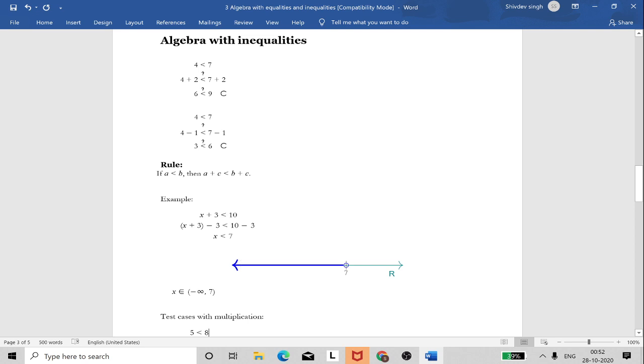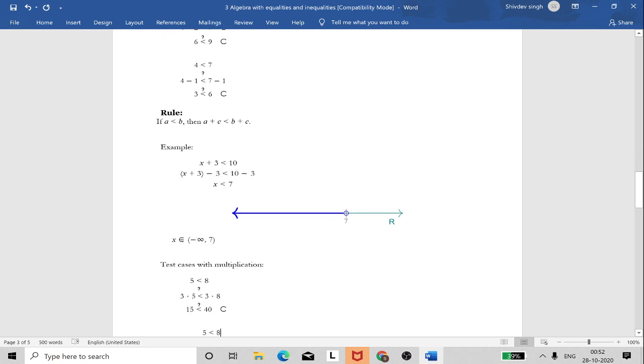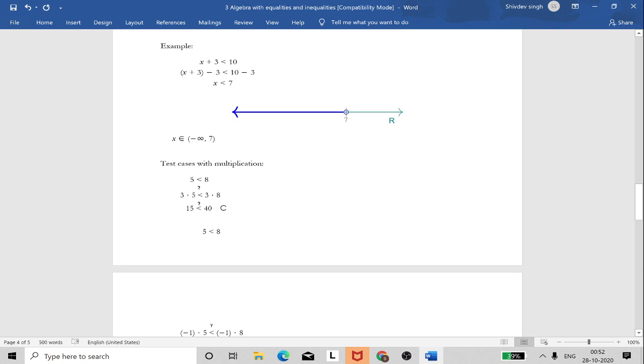So x belongs to minus infinity to 7, which is an open interval. 7 is not included in this case because here x is not equal to 7. x is less than 7, so 7 is not included. x belongs to minus infinity to 7. That is the open interval.